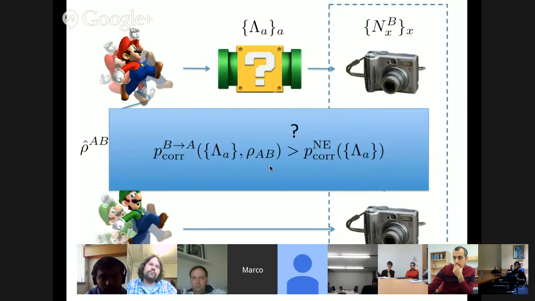The point now, the quest, is that of deciding whether there are situations where, when we optimize over these one-way LOCC measurements, we can have an ability to discriminate the subchannels that is larger than in the case where we don't have initial entanglement.